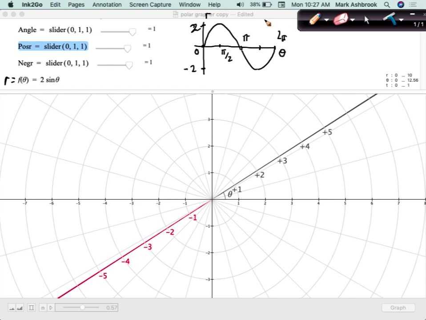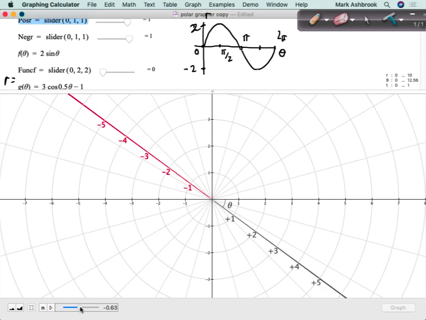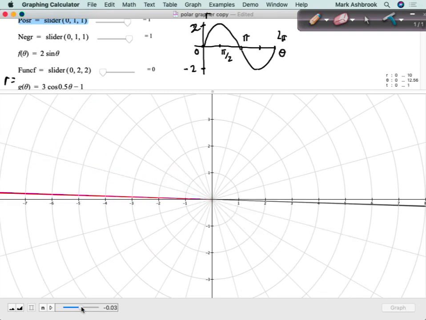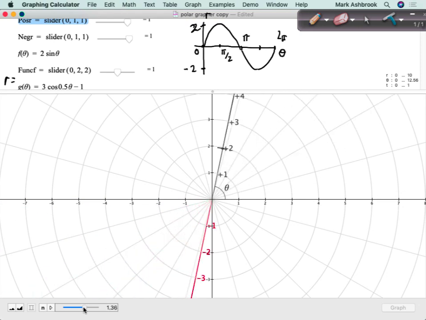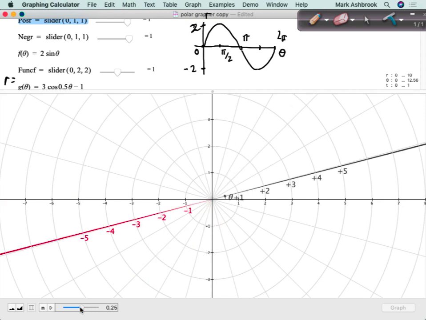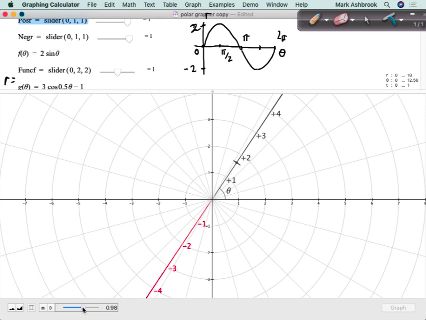So just watch what happens. We're going to think about as theta goes from 0 to pi over 2. As theta goes from 0 to pi over 2, r goes from what to what? 0 to 2, right? Do you see it happening there?